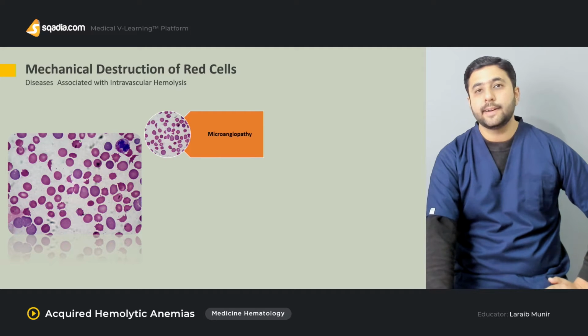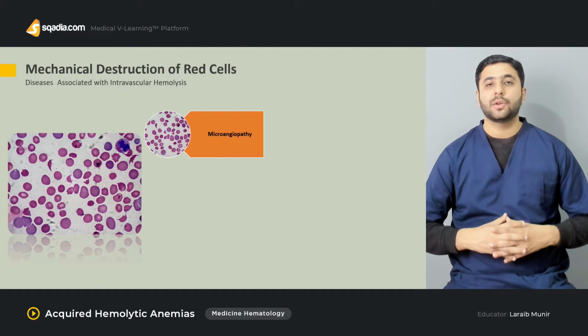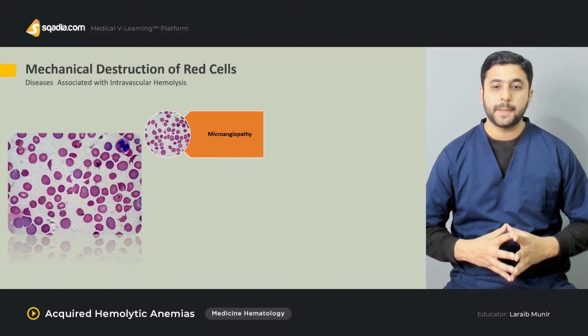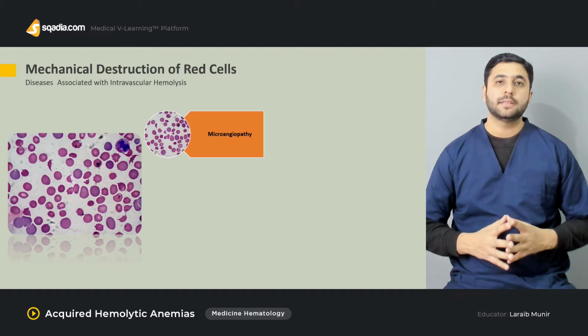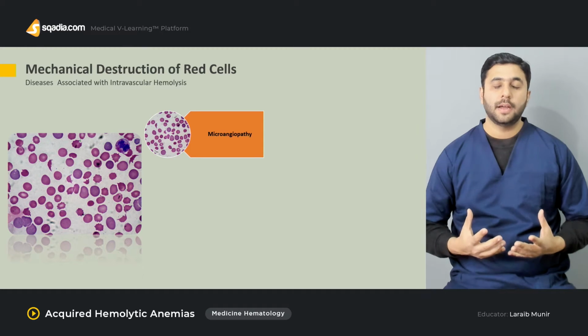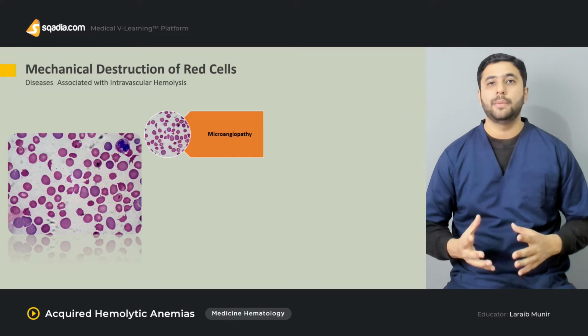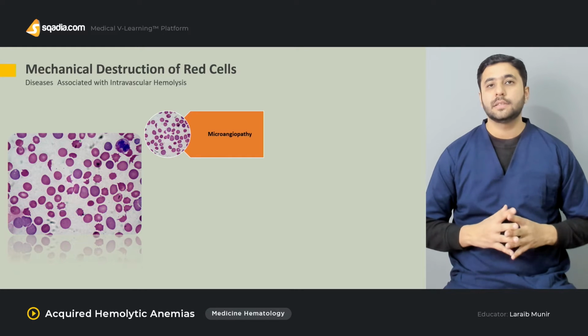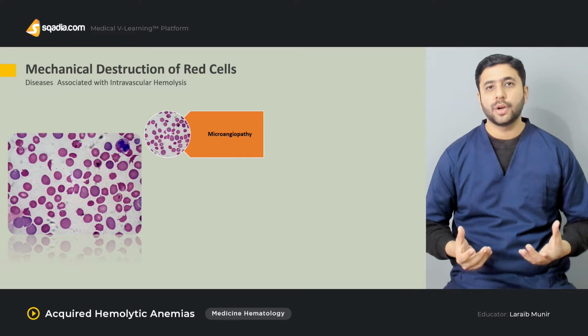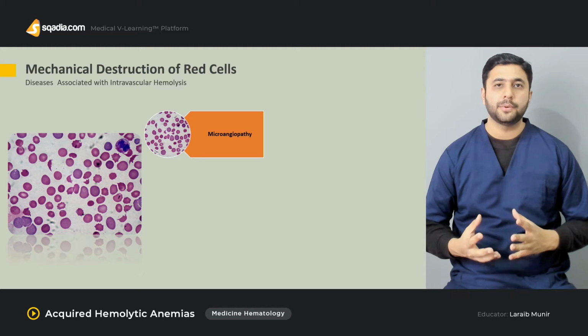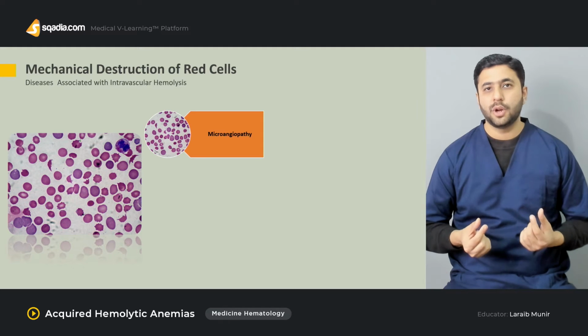Now, this mechanical destruction can either be a microangiopathic hemolytic anemia. Microangiopathic means that the RBCs are broken when they're passing through the small blood vessels. This happens when there are certain types of coagulation problems that lead to fibrin deposition in the smaller blood vessels.